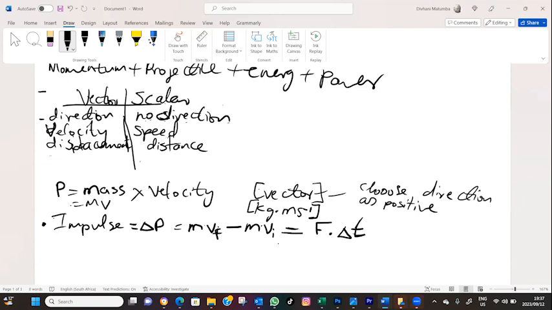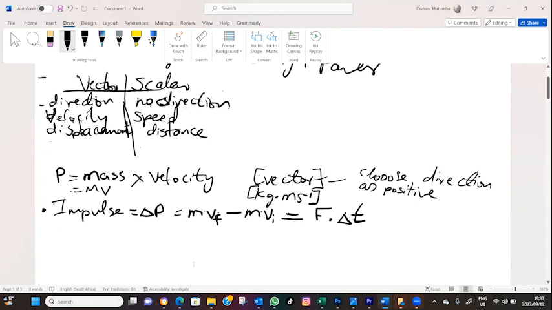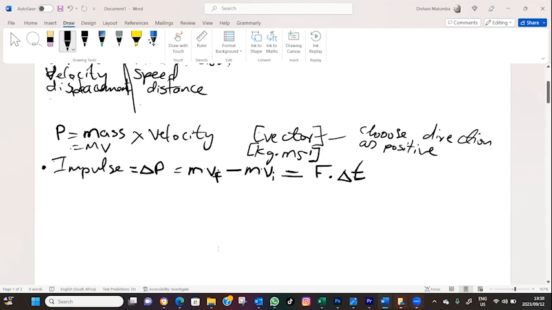Now, what happens to the momentum when two bodies collide? When two bodies collide, we have two scenarios that take place.